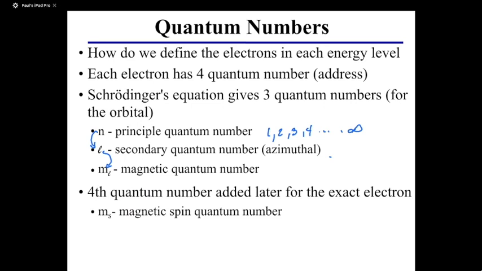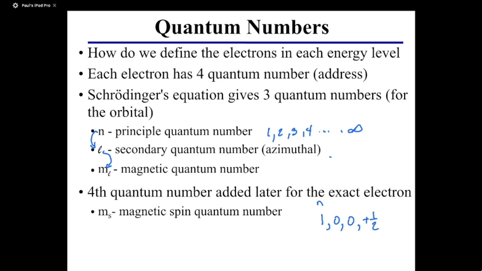It's called the magnetic spin number. And how we will look at these, I'll give you an example of a quantum number that describes an electron. I could have a quantum number that says 4, 0, 0, plus 1/2. That is a quantum number that describes an electron.